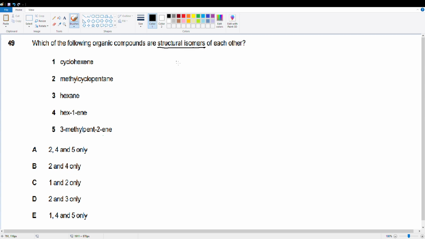What does this term mean? First I'm going to explain the three main key points about the structural isomer definition. Basically, these compounds have the same molecular formula, and they have different structural arrangement.